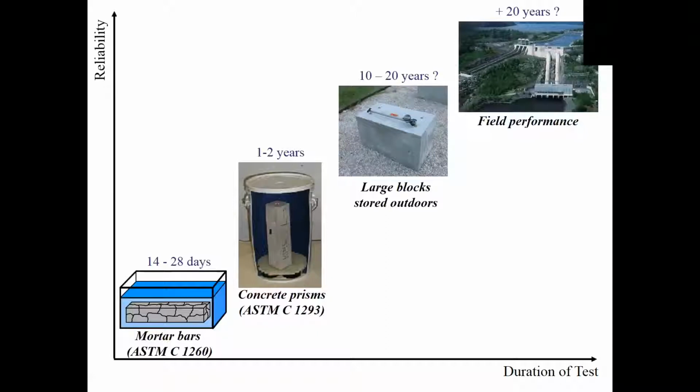There have been cases of ASR manifesting itself after 15 to 20 years. So, 10 to 15 years might not be long enough for field performance, whereas we can get a very quick answer in a couple of weeks using some of our accelerated tests, but unfortunately they very often give us the wrong answer.